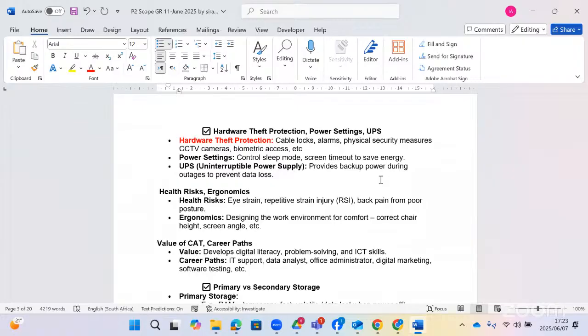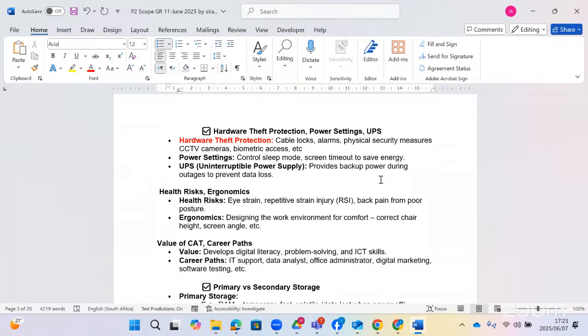Stealing of this hardware is expensive, or it always has an economic negative effect on us. Now, how do we ensure that these gadgets are not stolen? In other words, how do we ensure that they are protected?